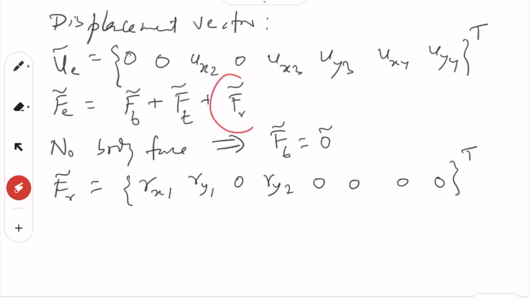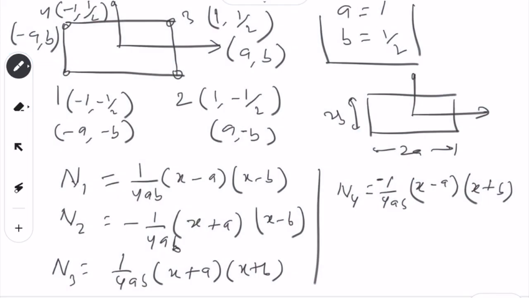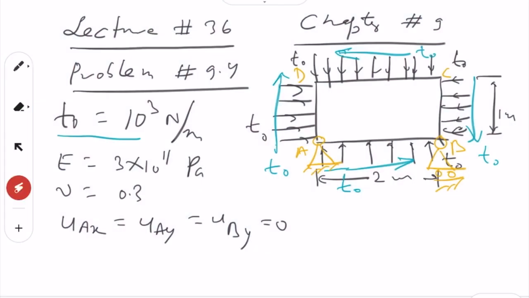Now next thing is this one, F because of the traction we have to find out. So if you look at it, the traction looks like this one. So we have T0 equal to 1000 Newton per meter, and we have both directions.